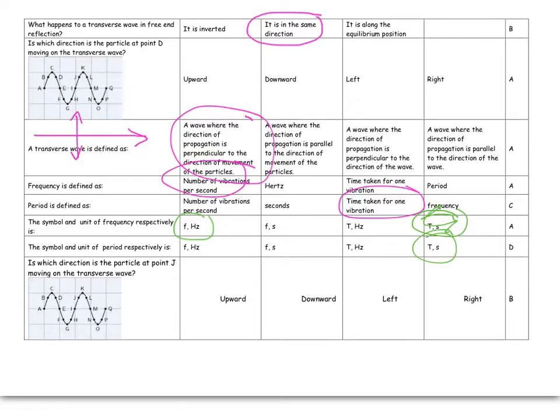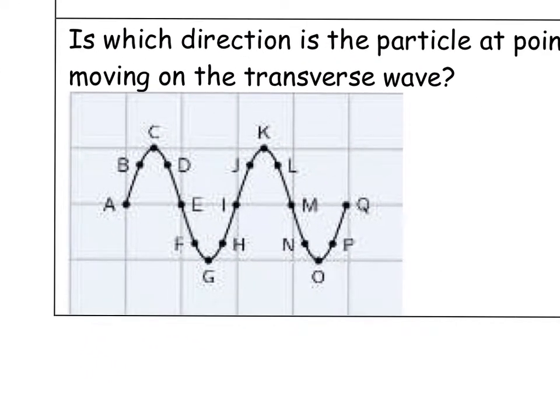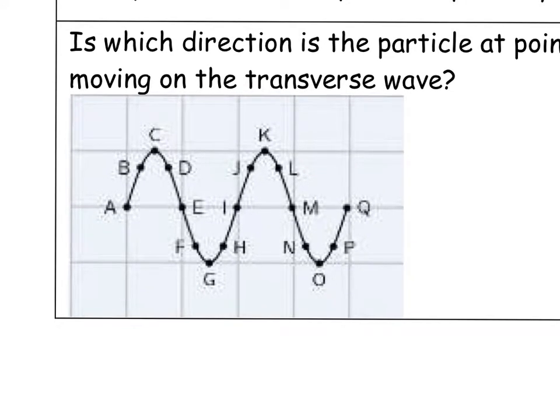Now comes the tricky one where many of you had some difficulty. So let's try and make that a little bit bigger and take a look at it. Okay, you were asked about point J and you were asked about point D. The wave is moving from the left towards the right. So now let's think about that.